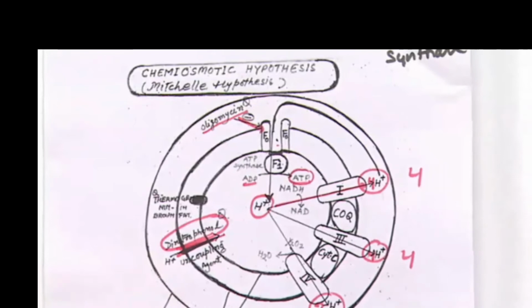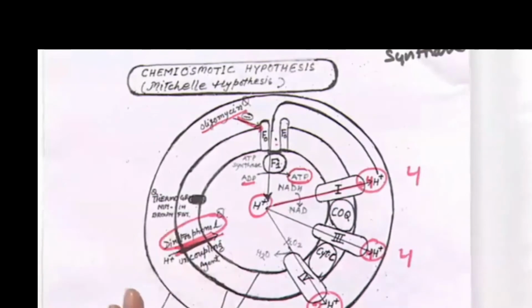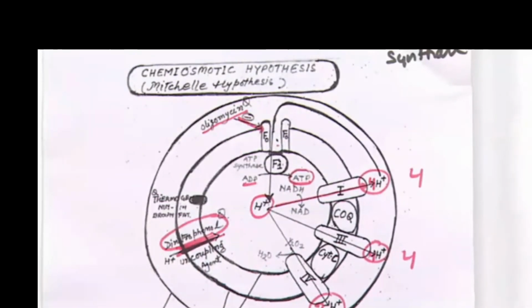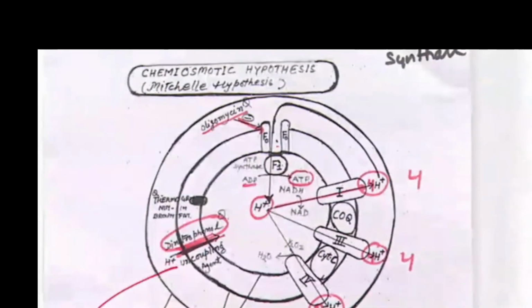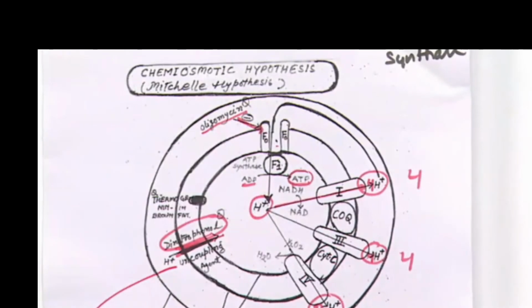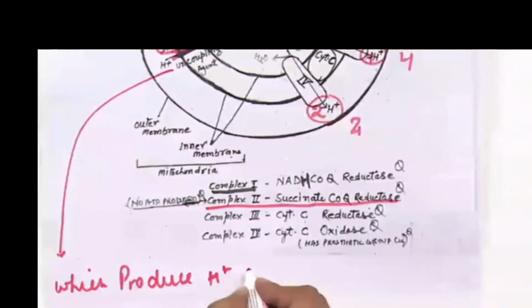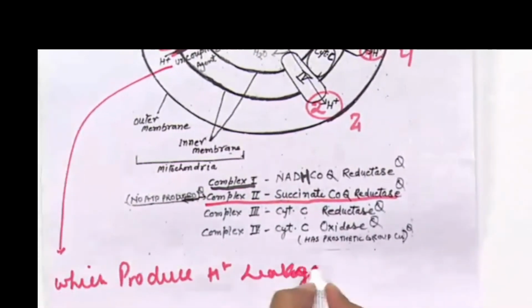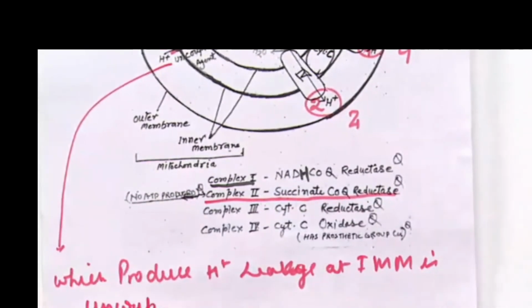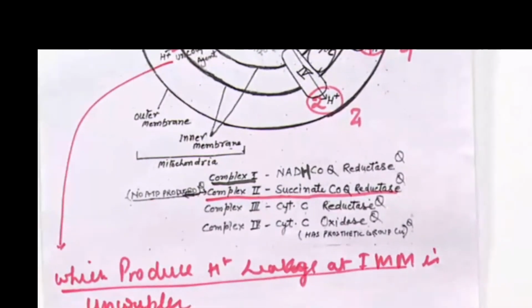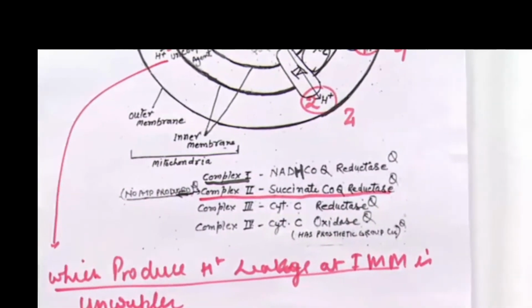So question or simplified definition: uncoupling agent, any compound which produce H+ leakage at inner mitochondrial membrane is uncoupler.